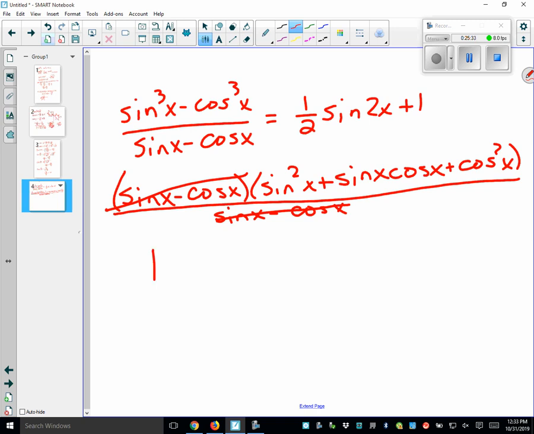So I have 1 plus sine x cosine x. Multiply what by 2? The whole thing. No, just. Oh, wait. I know what you're thinking. I need a 2 in front of here. Do I also need a 1/2?